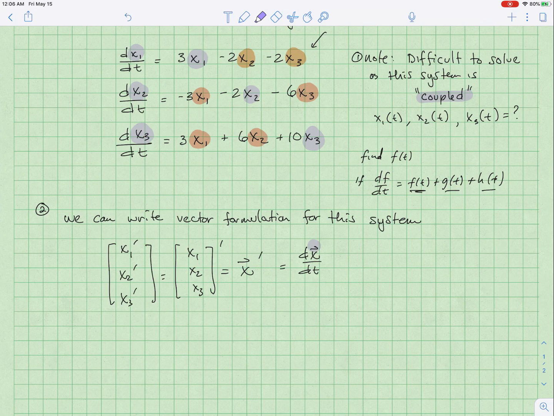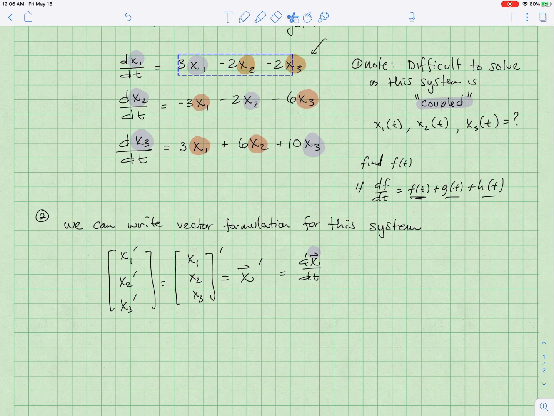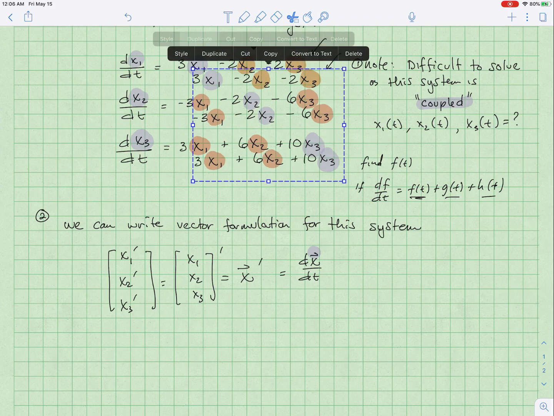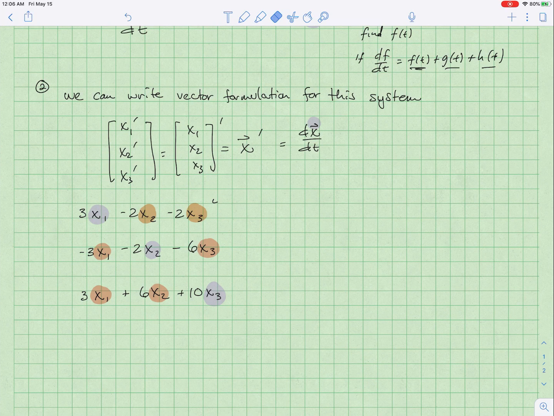That's the left side. The right side, I'm just going to copy this here, this right side of this linear system, I can also rewrite in a certain way. This can be expressed as simple matrix arithmetic. These are the coefficients, 3, -2, -2, -3, -2, -6, and 3, 6, 10, times that same vector x1, x2, x3, although here it's not the derivative. Up here it's the derivative.